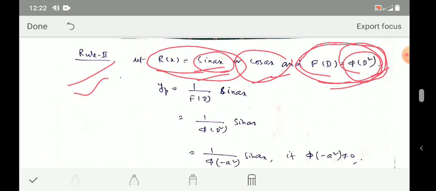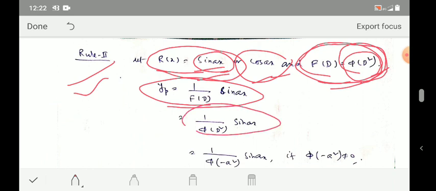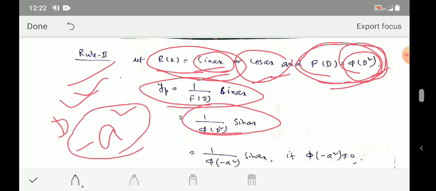Then yp = 1/f(D) sin ax, that is 1/phi(D^2) sin ax. Here we replace D^2 by -a^2. Just note that it is minus a squared, not minus a whole square; minus a whole square would be a positive term.